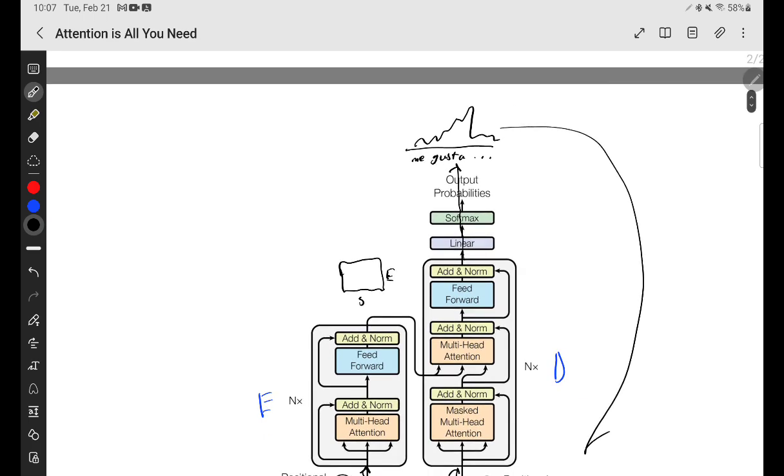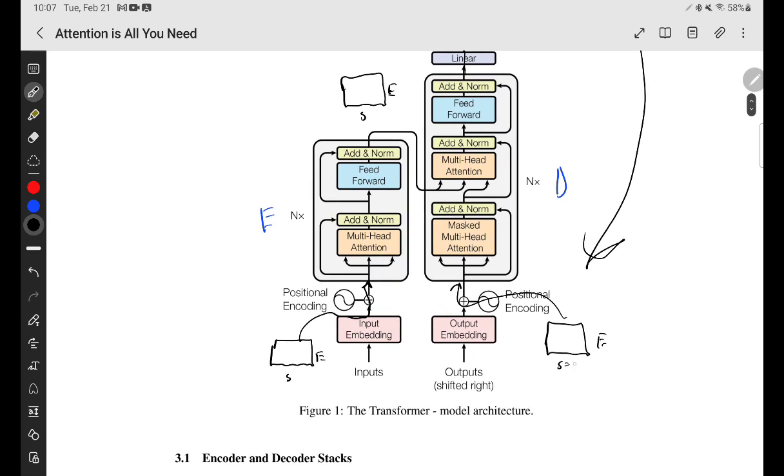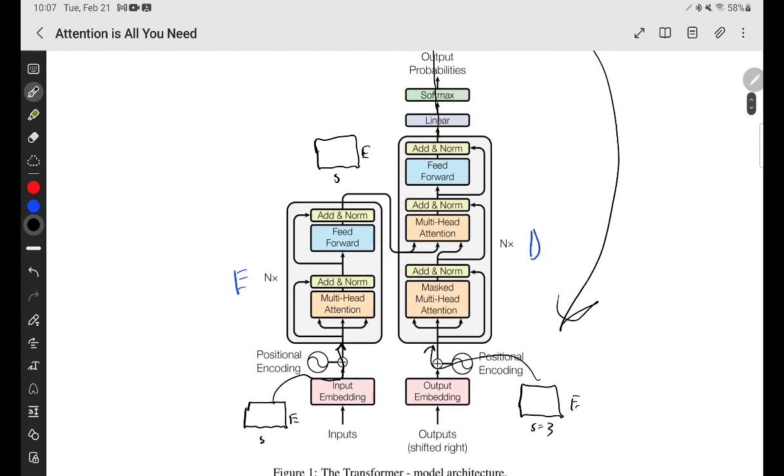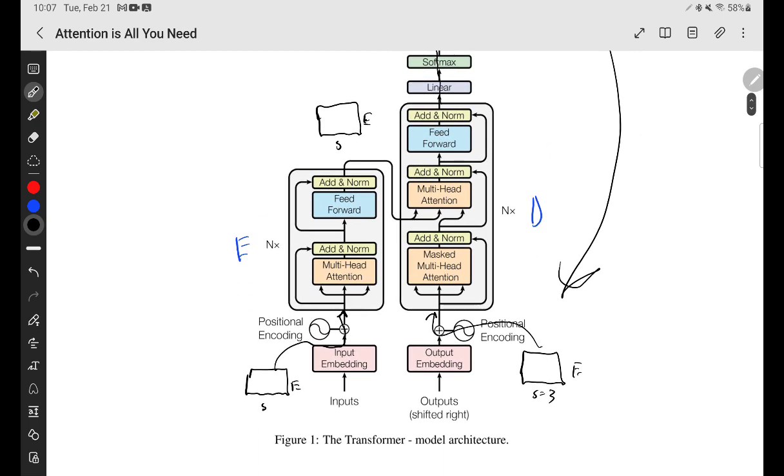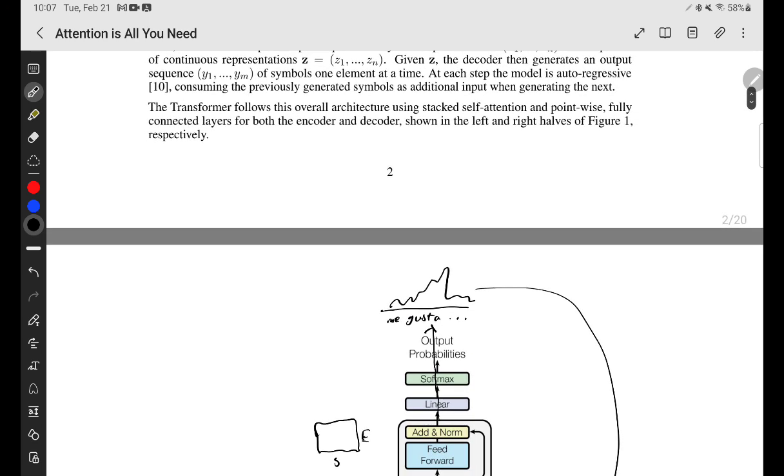You sample that, you throw it back in here, and so on, until you get your end token. And that's how you encode the input sequence, which is I like cats. And you get an output, which is me gusta gatos, with start and end tokens.